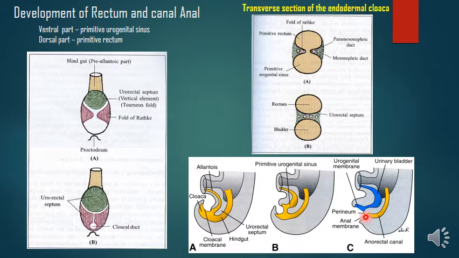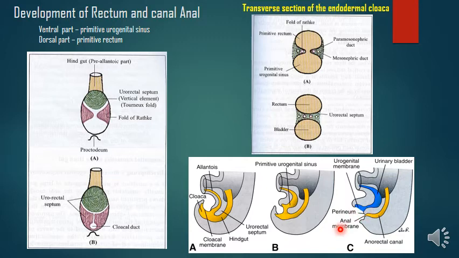The transverse line of fusion between the septum and the cloacal membrane forms the future perineal body. If you remember the pelvic diaphragm lecture, I discussed there what the perineal body is.